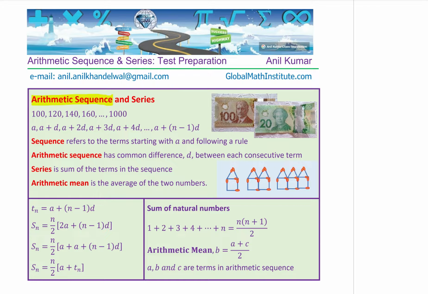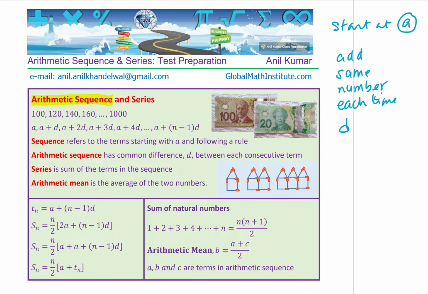So the arithmetic rule is to add the same number each time. That number we normally call D, right? Of course, we'll start somewhere, right? So start at number A, right?